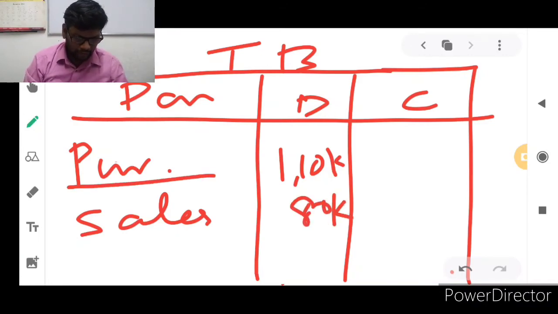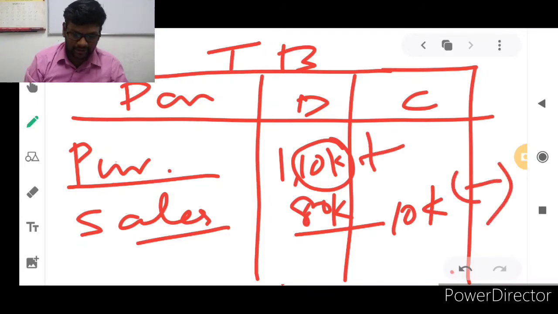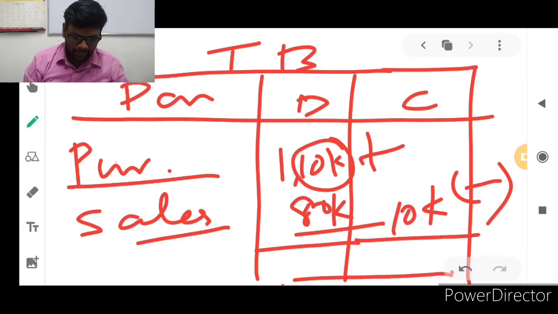So if you take this purchase account, it is overcast by 10,000 rupees, and if you take the sales return account, it is undercast by 10,000 rupees. Isn't it? So here 10,000 is increased, here 10,000 is decreased. Anyway, if you add all the amounts on the debit side, and at the same time add all the amounts on the credit side, it will show equal balances.